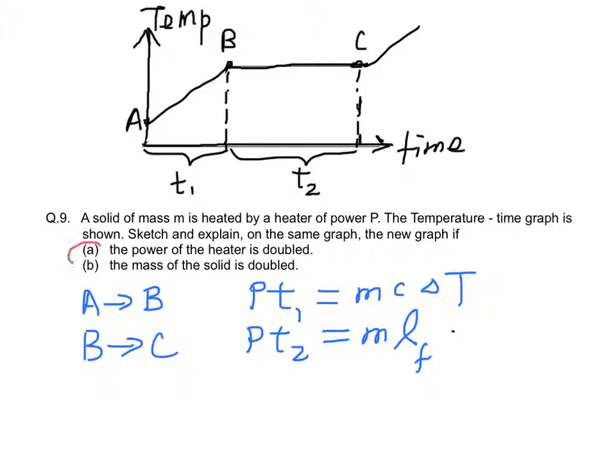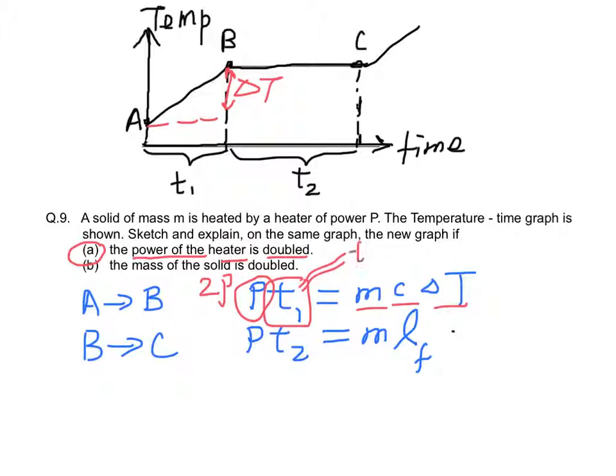For part A, if the power of the heater is doubled, that means P becomes 2P. In this case, since m, c, and delta T, the temperature rise until the solid melts, are constant, the time T1 will be shortened by 1/2.